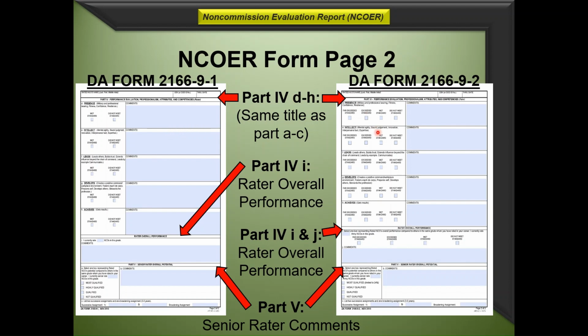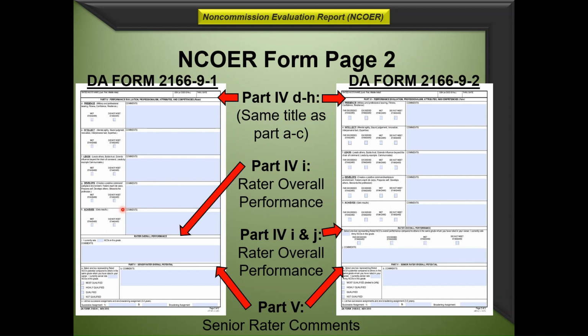Now if you go to the staff sergeant and above evaluation report, you will see that there are now four blocks. It's did not meet, met standard, exceeded the standard, or far exceeded the standard. That is the first big difference between the two evaluation forms, and it is like that all the way through all the leadership attributes and competencies.